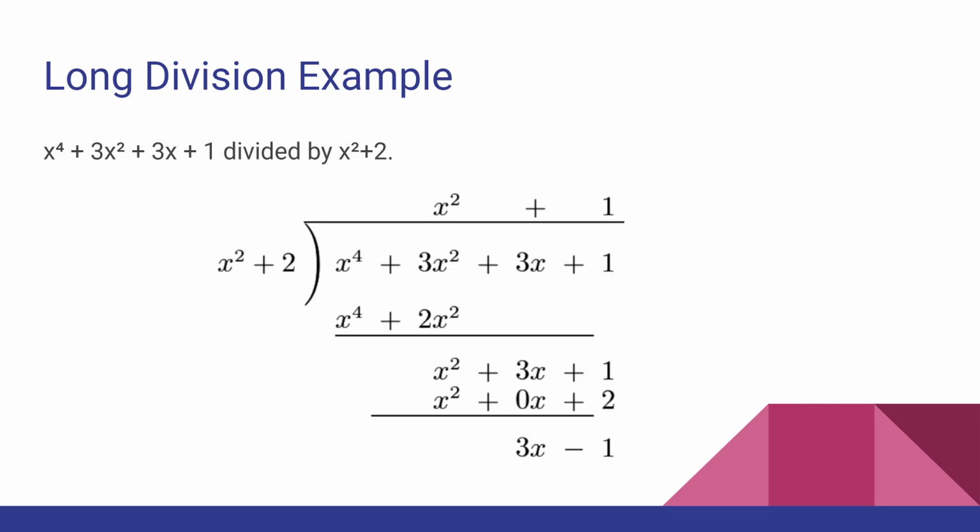Then we drop the next term down, and then we apply the same thing using 1 instead. So we do 1 times x squared plus 2, and that leaves us with 3x minus 1 after we subtract. So our quotient is x squared plus 1, and our remainder is 3x minus 1.